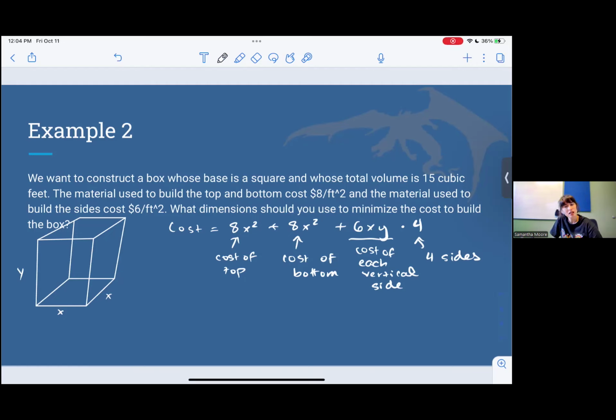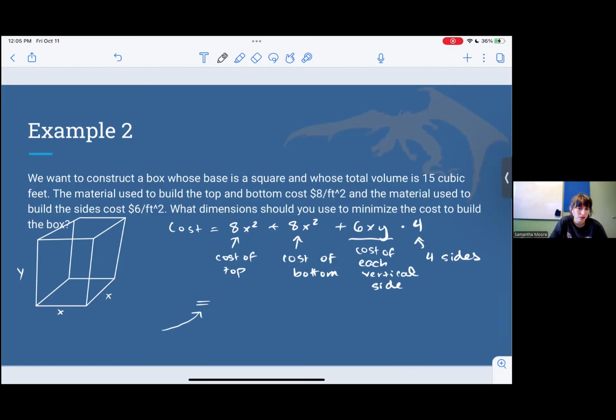But again, I want to get things in terms of just one variable, not two variables. So I want to replace this y with something in terms of x. That is where we go back to the other information that we were given and use it to solve for y in terms of x.